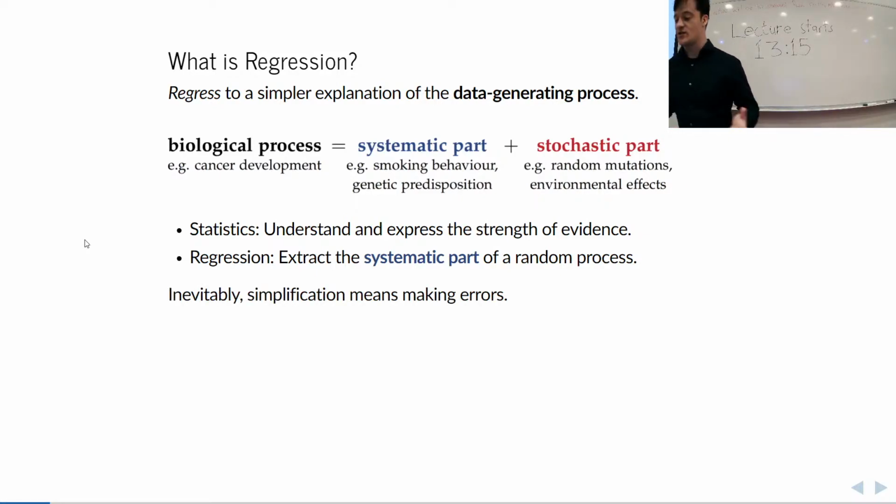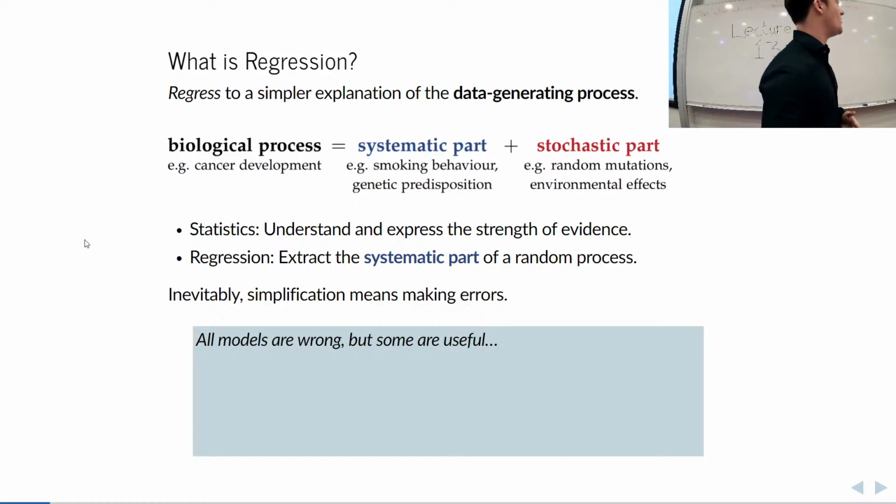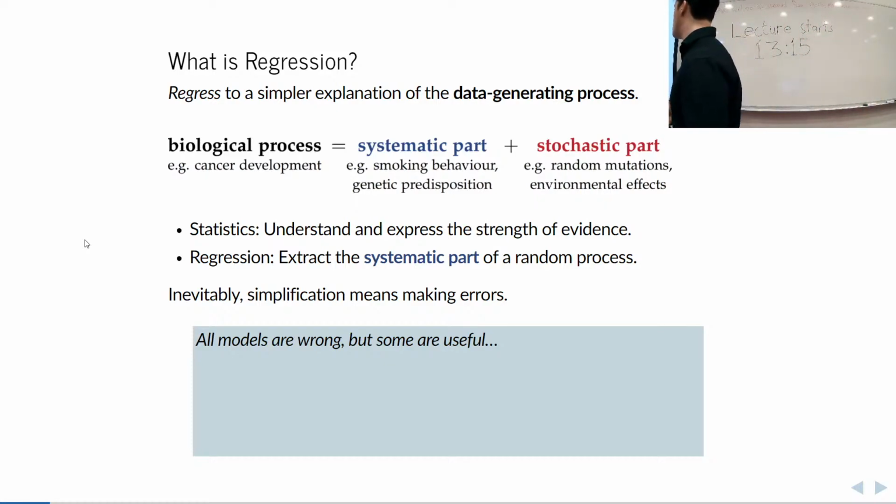Okay, so we are simplifying, which means making errors. Because of that, there is a very common quote. You'll see it a lot online, and it's very important to keep in mind: all models are wrong. A model is a simplification, and statistics is not about finding the right model. Your data cannot tell you what the right model is.